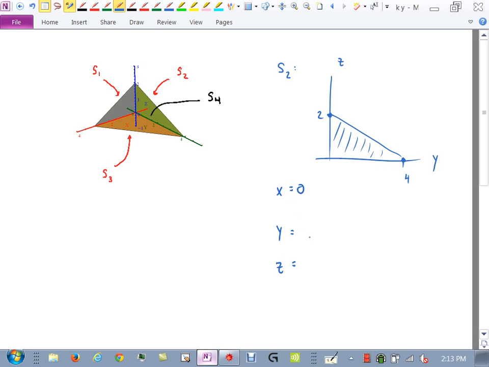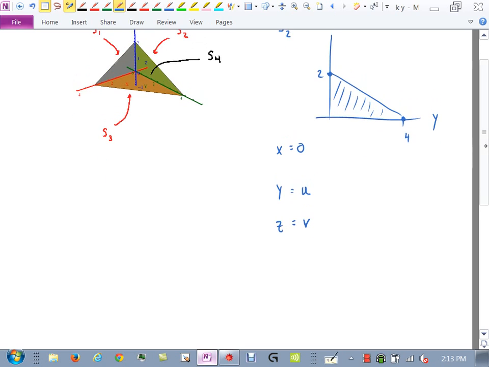Let's let Y be U, and let's let V be Z. What are my restrictions on the two? U is between 0 and 4. V is between 0 and then the slope, which is negative 1/2 U plus 2. That was a little quicker, right?